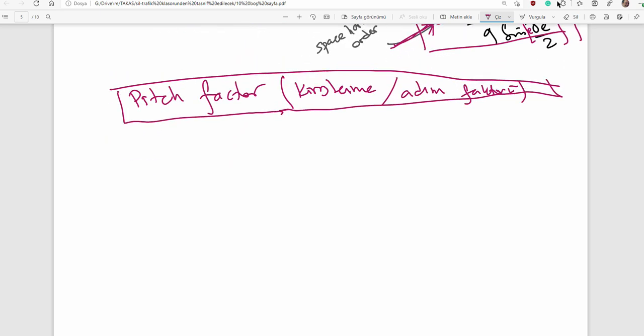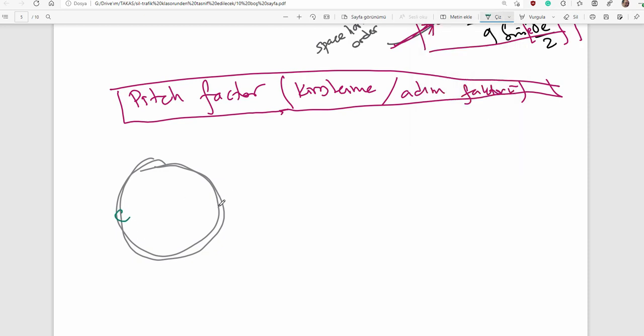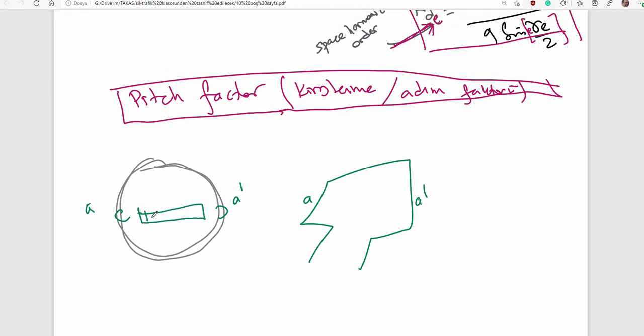Let me explain what it is. Any winding in the stator, I have located, here's a concentric winding like this, A and A prime. Let me show the rotor. Here's N and S pole in the rotor, rotating at the speed of Ns, and inducing electromotive force between those coil sides.